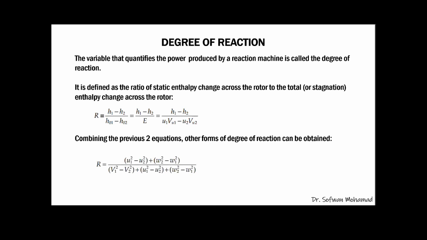You can try to derive the equation for degree of reaction from this form into this form using the previous two equations that we have looked into previously. You can try to do the derivation later.